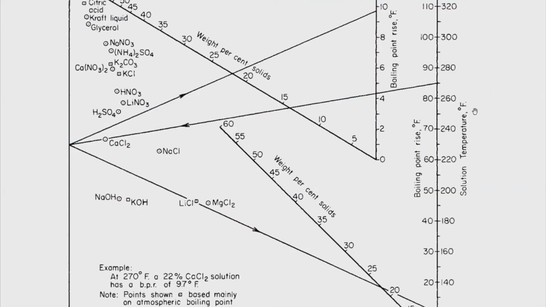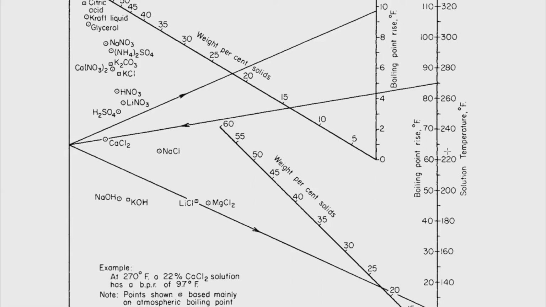Now, the first step that we need to do here is to assume a certain value starting from 212 degrees Fahrenheit. Let's assume a certain solution temperature. Let's always choose the closest one. It's 212, so it's around here, and then 220 could be an answer. So let's take 220.